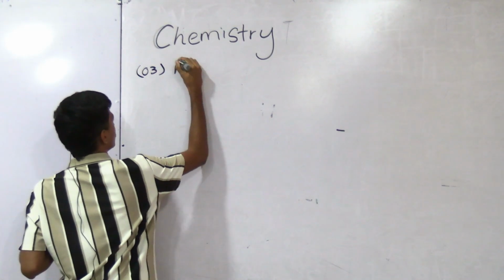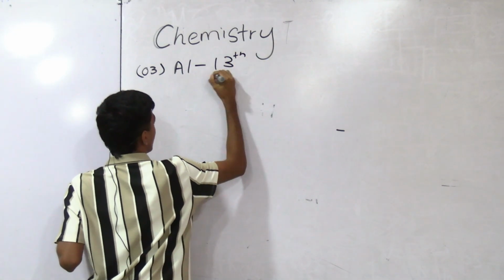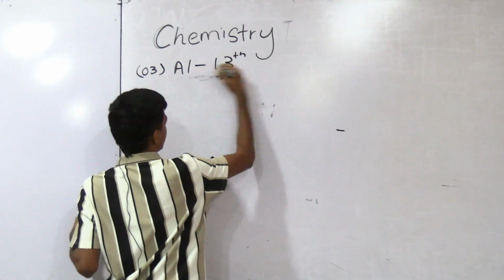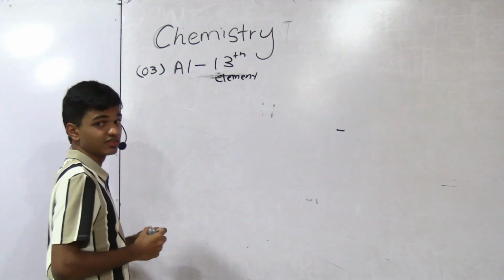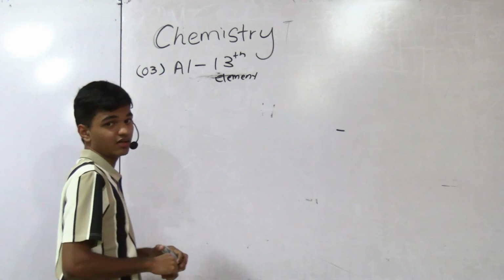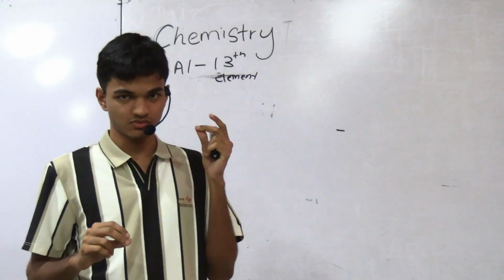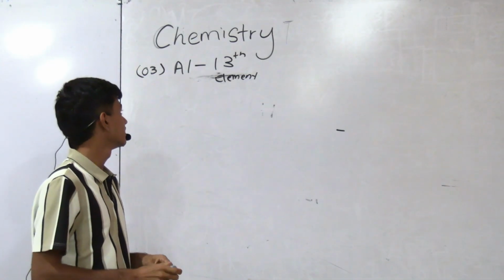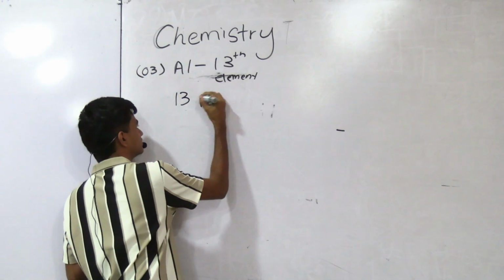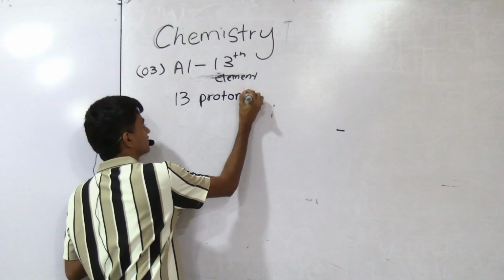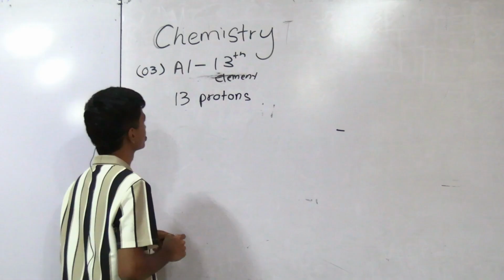We know aluminium is the 13th element in the periodic table, right? So that means we can extract the data on how many protons aluminium has. We have 13 protons in a normal aluminium atom.